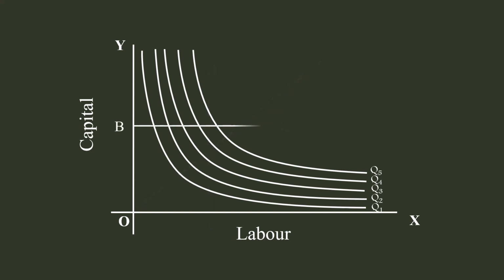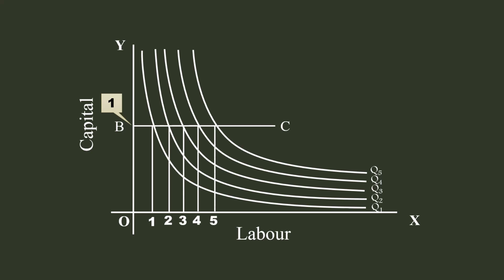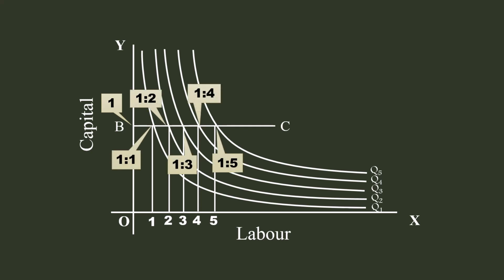When the producer moves from isoquant Q1 to Q5 along the horizontal line BC, he keeps the quantity of capital constant at 1 unit and increases the quantity of labor as 1, 2, 3, 4 and 5. It means the factor proportion changes as 1:1, 1:2, 1:3, 1:4 and 1:5.